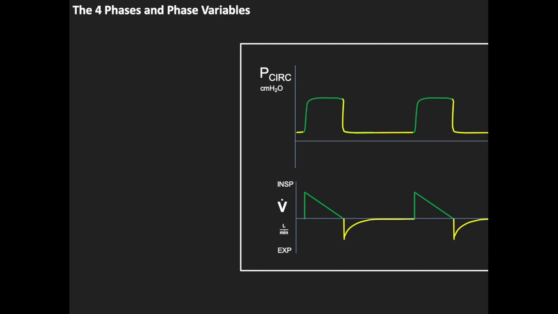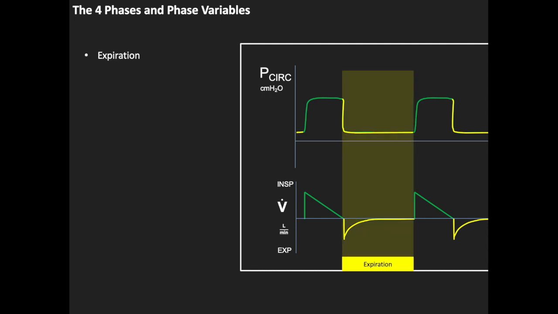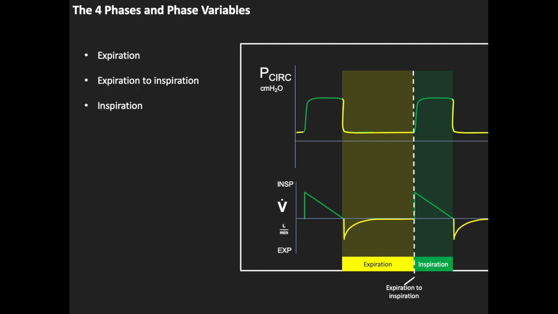Next question is, how does a ventilator think about a ventilatory cycle? How does it break up a ventilatory cycle? And the answer is into 4 phases. 2 of the phases are pretty easy to remember. They're self-explanatory. That's expiration and inspiration. And if you can remember those 2, you can remember the other 2 are expiration to inspiration and inspiration to expiration.